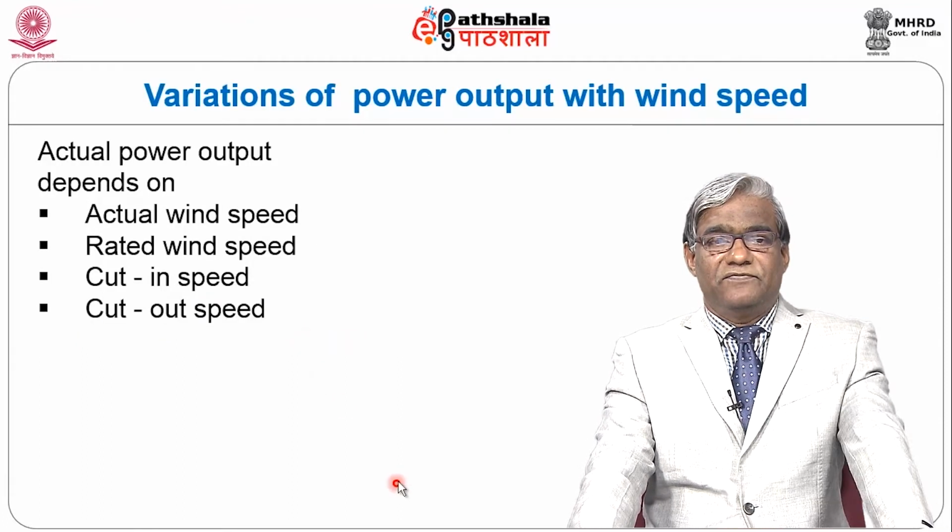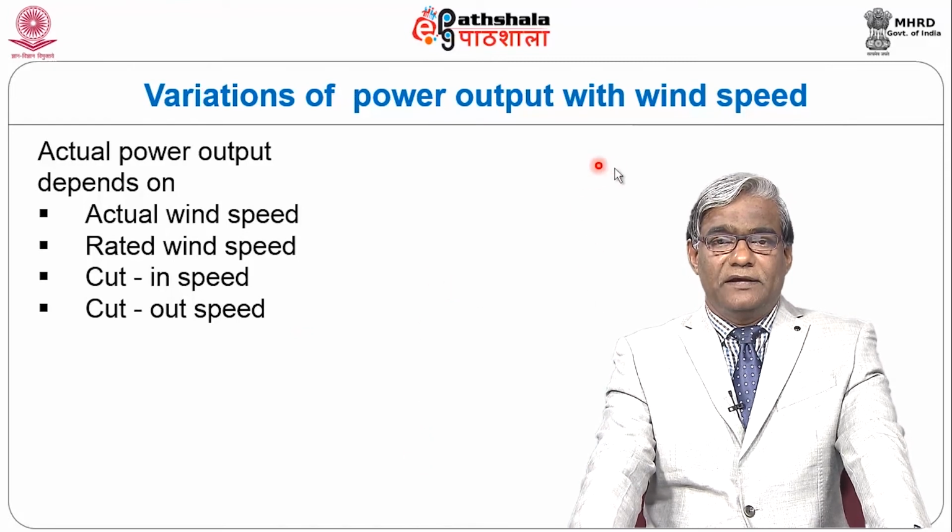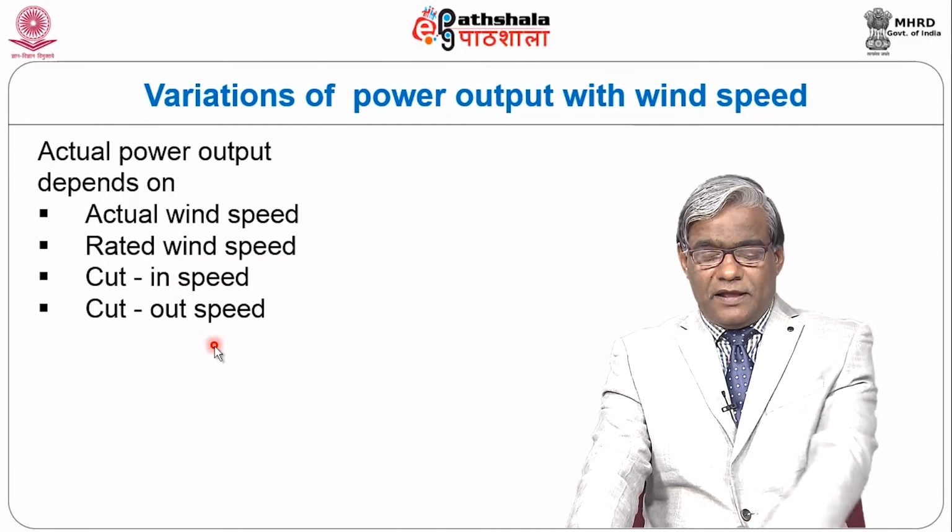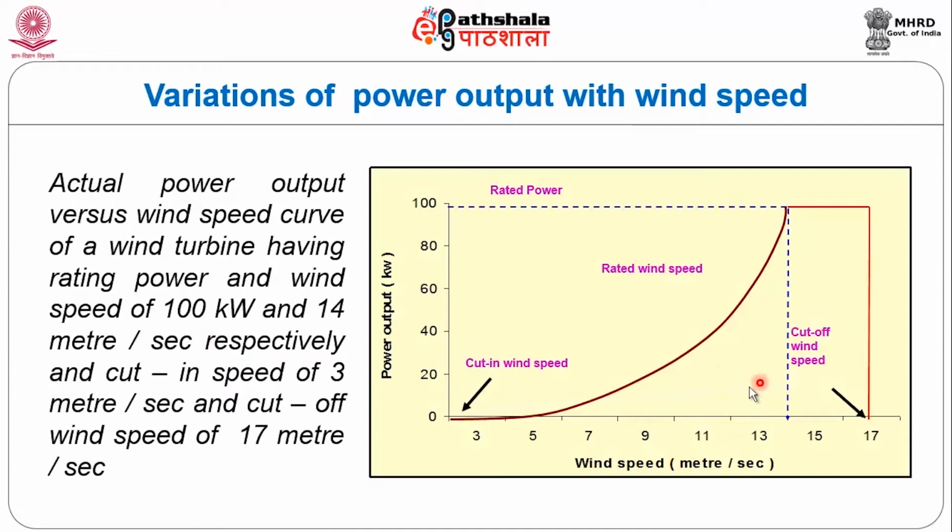Variation of power output with wind speed: actual power output depends on actual wind speed, rated wind speed, cut-in speed, and cut-out speed. In this graph, it is well represented.